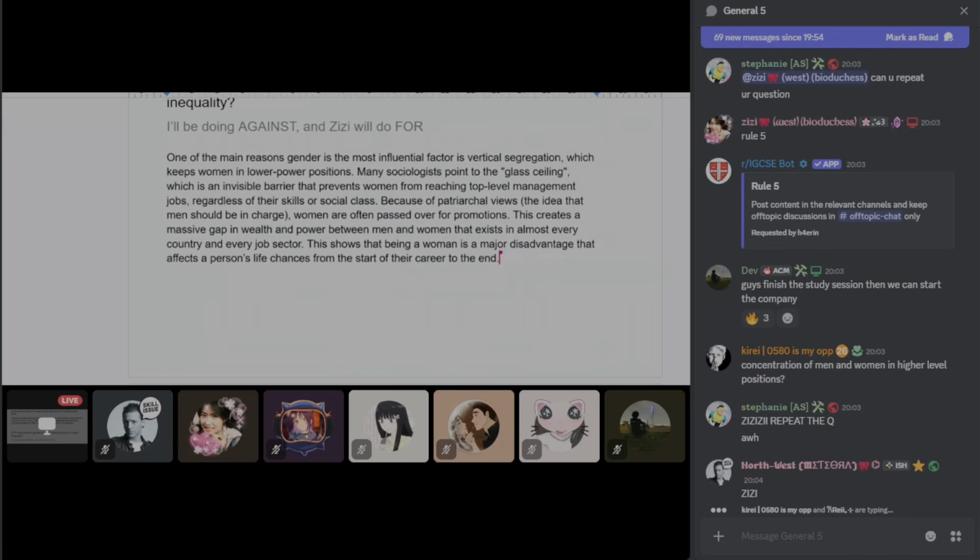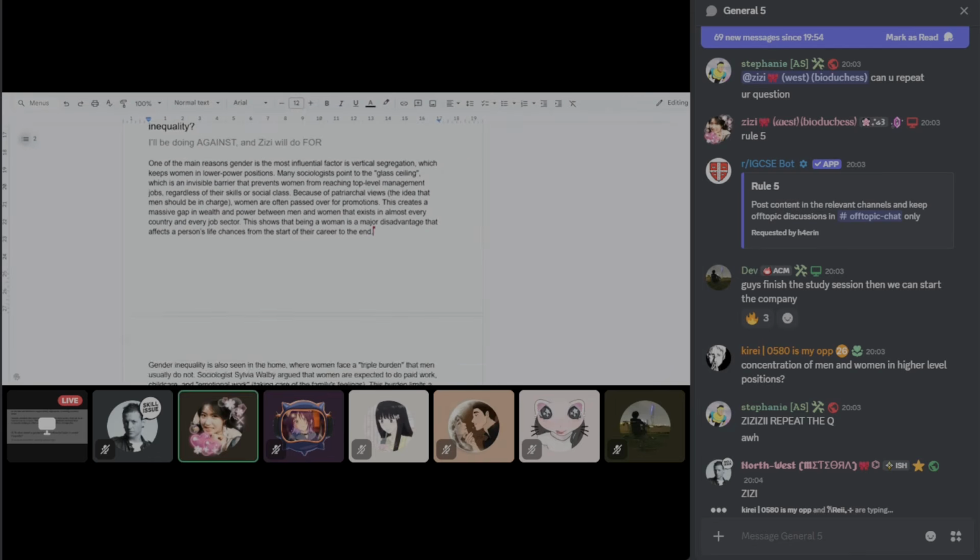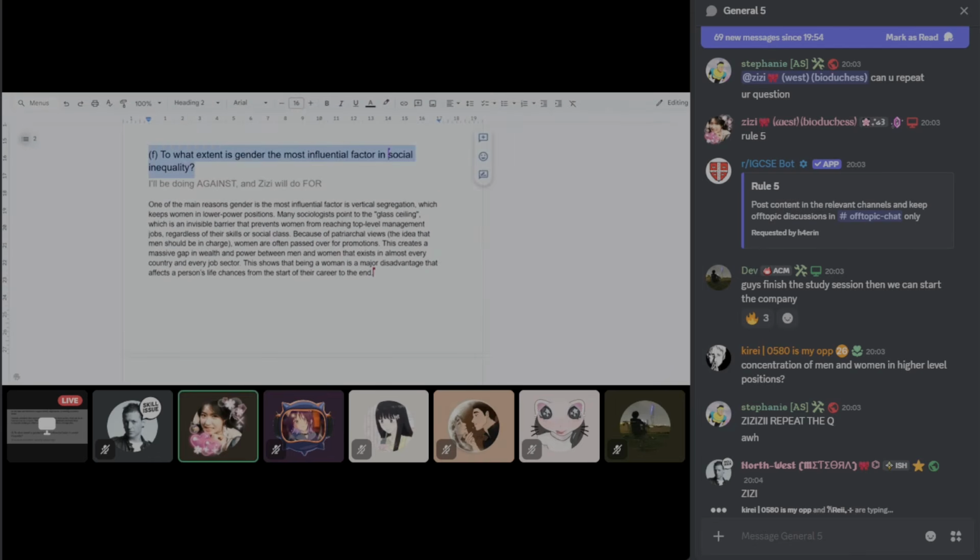Oh, sorry. Yes? Oh, my question was what is vertical segregation? But it's okay, it has already been answered. So, is there any questions about this particular paragraph?